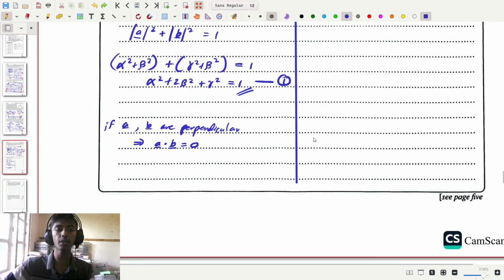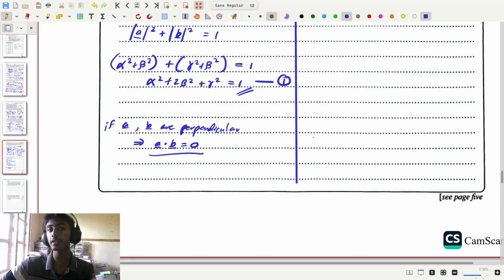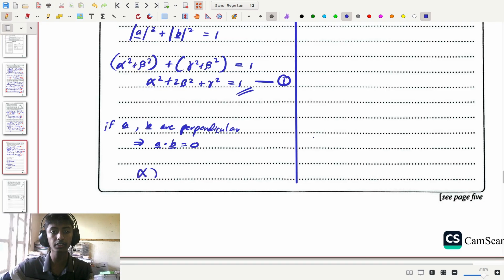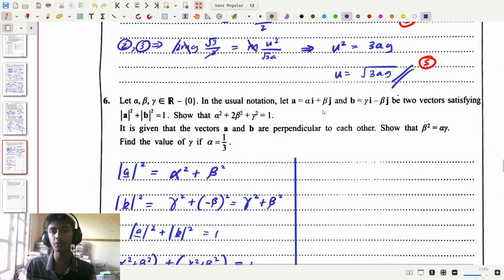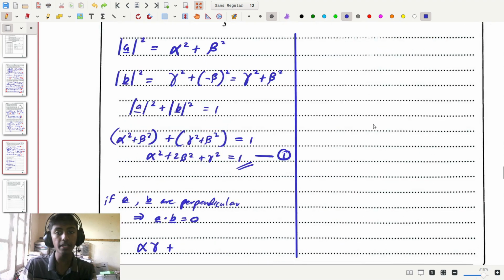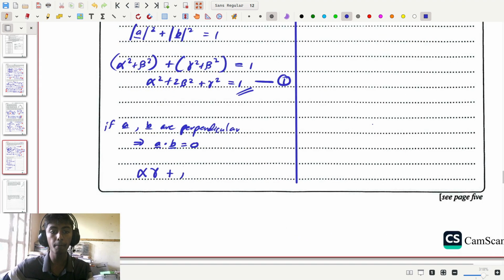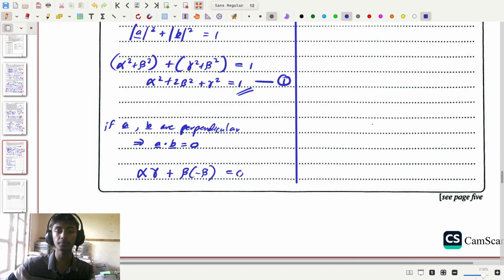So if we take that, we can see that this dot product being equal to 0 means that the product of the two i coefficients multiplied together, which is going to be alpha times gamma, plus the two j coefficients multiplied together, which is going to be beta and minus beta. So we have plus beta times minus beta is going to be equal to 0.